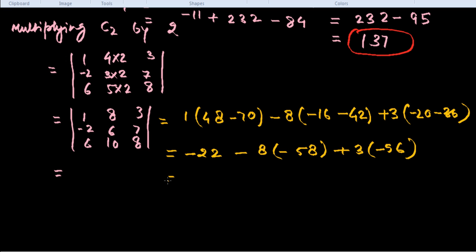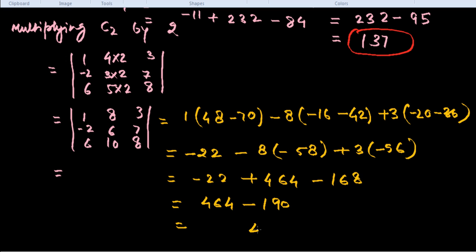Now we simplify this: minus 22 minus minus 8 plus 64, 46. Now here we get the negative sign. 3 times 19, 168. So we get 464 minus 190, 268 and so on. So 16 minus 9, 7, and 3 minus 1, we get 274.